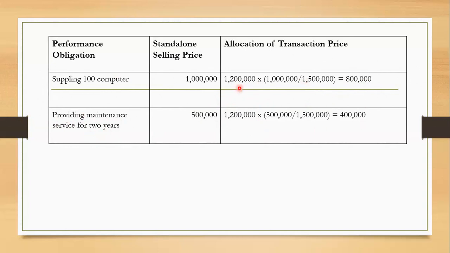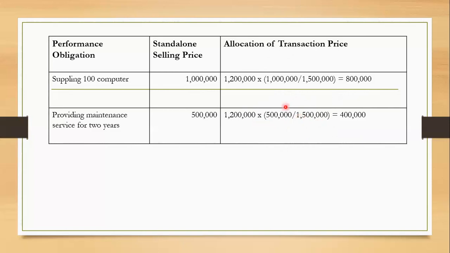Therefore, we can calculate the allocation in this way: 1.2 million multiplied by the relative significance of the provision of maintenance within this contract. So the relative significance has been computed in this way: 500,000 divided by 1.5 million. This is how we are calculating the allocation of transaction price.